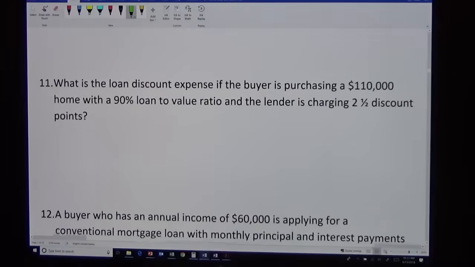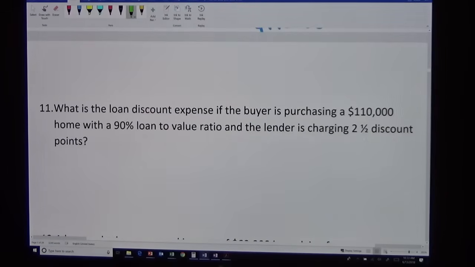Number 11, what's the loan discount expense if the buyer is purchasing a $110,000 home with a 90% loan to value ratio and the lender is charging 2.5 discount points? So they want to know, what is the loan discount expense? How much are the discount points going to cost?